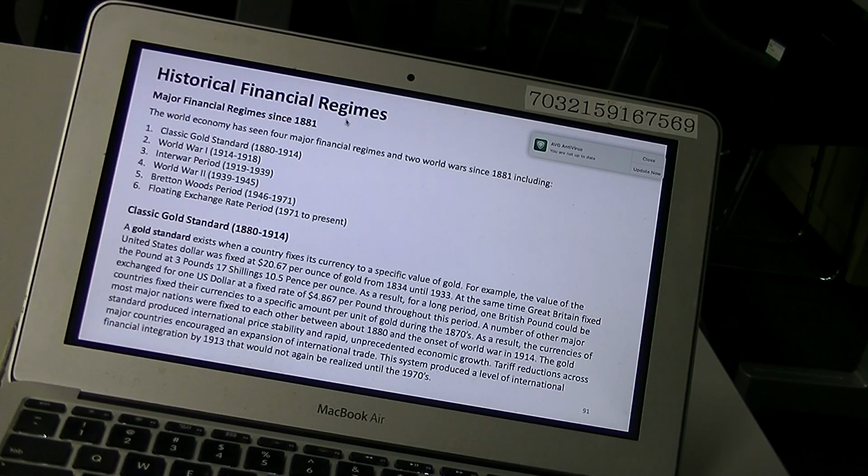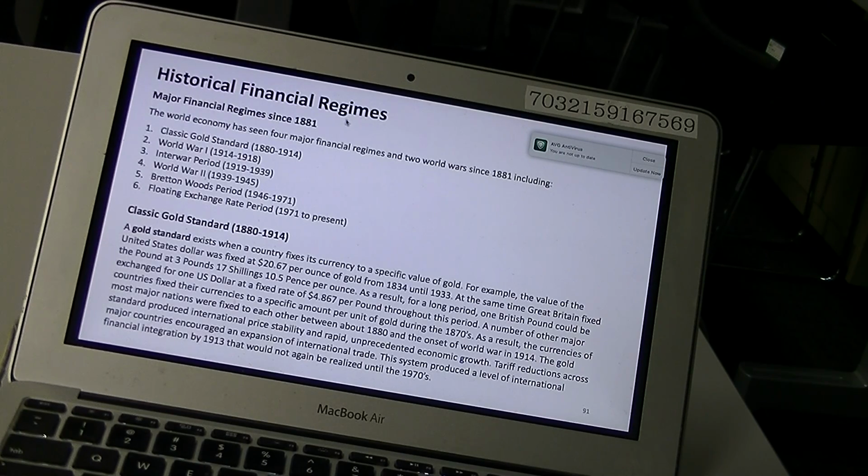And we'll begin with the classic gold standard. We're on page 91 if you're not there. A gold standard exists when the country fixes its currency to a specific value of gold. The value of the US dollar, for example, was fixed to gold at $20.67 from 1834 to 1933, a 100-year period.